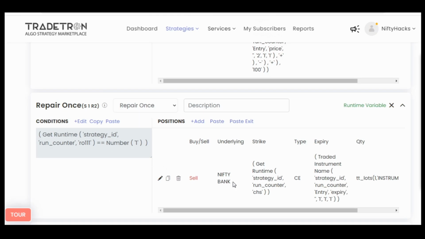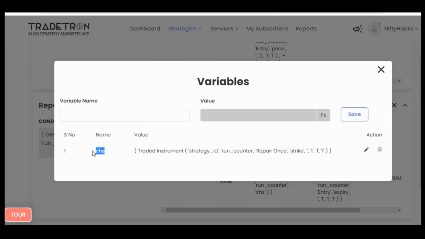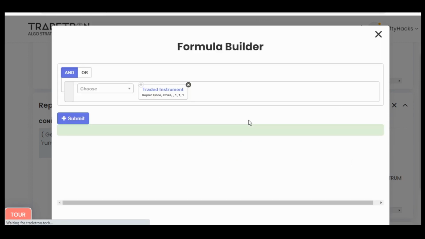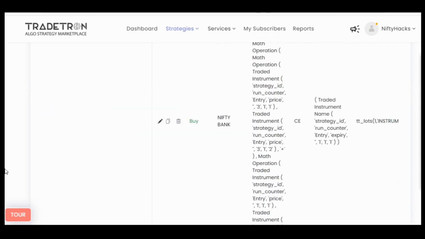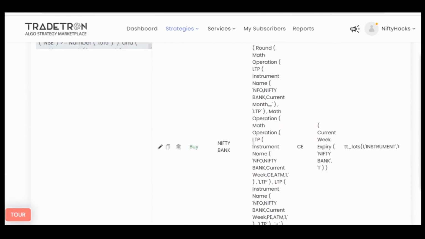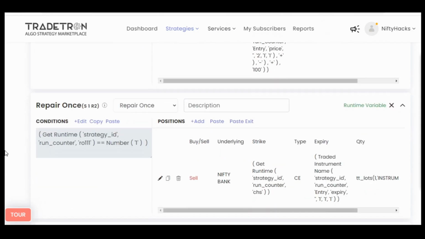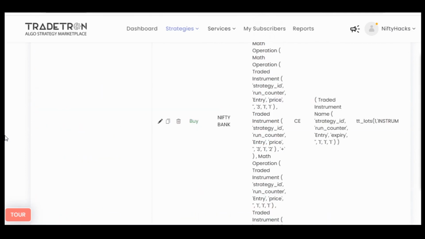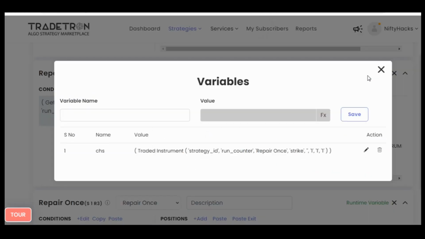Now as soon as we exit our first hedge strike or initial strike, we will assign the call hedge strike, or CHS, value to our break even hedge strike, which is nothing but repair one's strike 111. So as soon as we exit this first initial hedge which we have bought, we will assign this new hedge as the CHS variable.